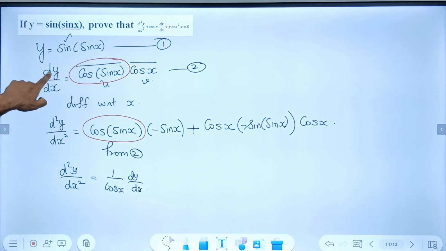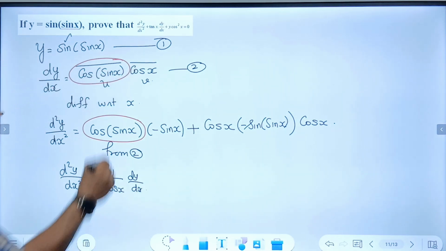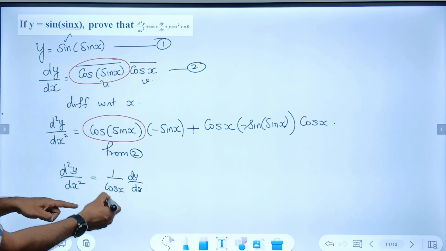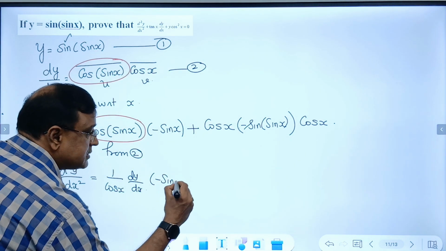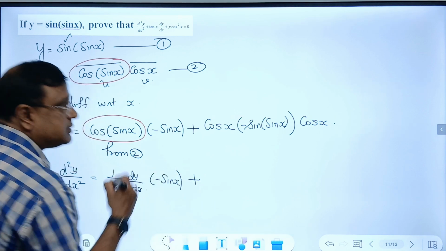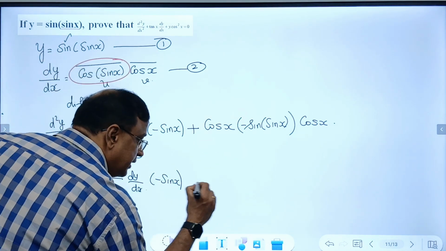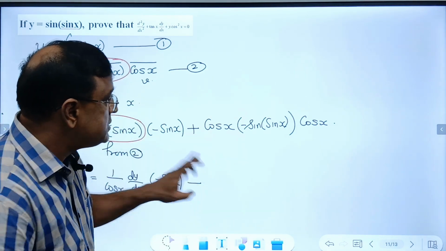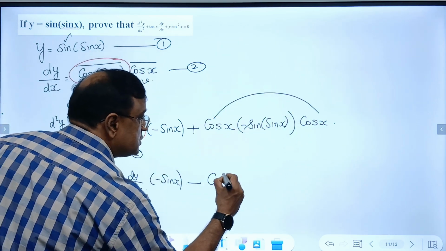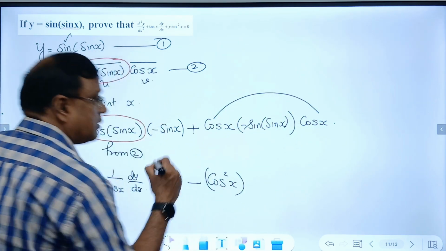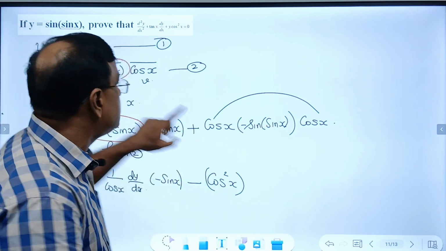Cos of sin x will be 1 by cos x, I'm bringing this cos x down, 1 by cos x into dy by dx, and already I have minus sin x. Plus, actually it is minus, why? Plus into minus is minus. What is cos into cos? Cos into cos is cos square x. And what is sine of sin x?